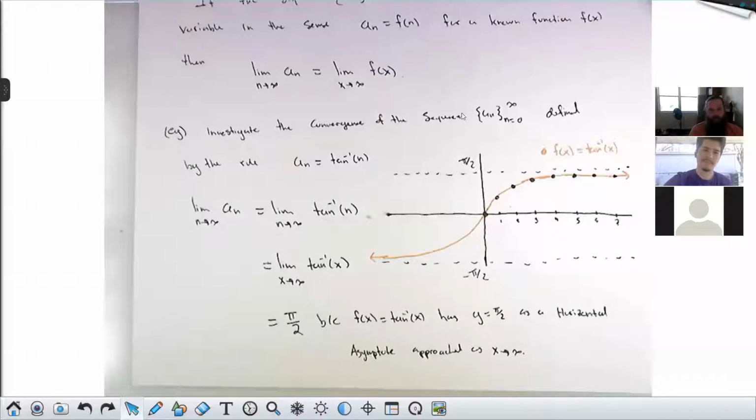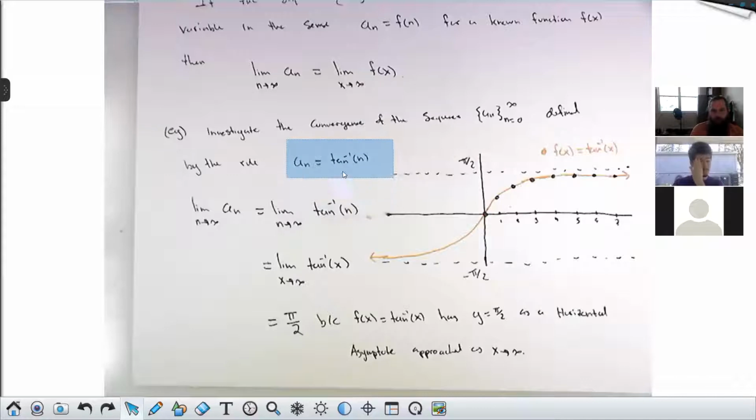So they said, investigate the convergence of the sequence a_n defined by the rule a_n equals arctan n. So I know that means I need to take the limit of the a_n's. And since a_n is arctan n, that means I'm taking the limit as n goes to infinity of arctan n. And then I think, well, I don't know what to do with this. But I know what the inverse tangent graph looks like as a function of a continuous variable. It's this orange graph.